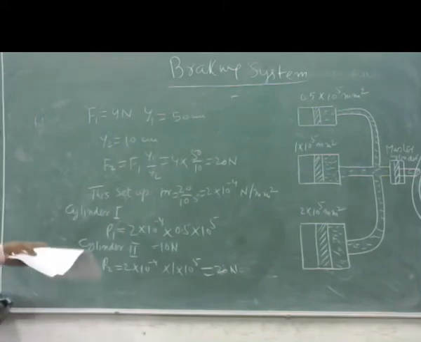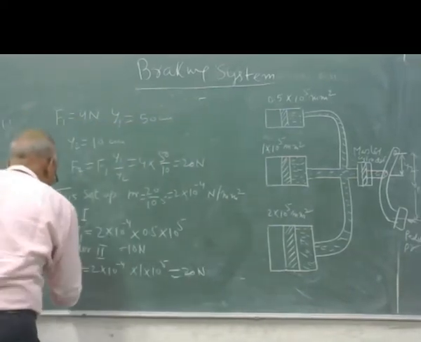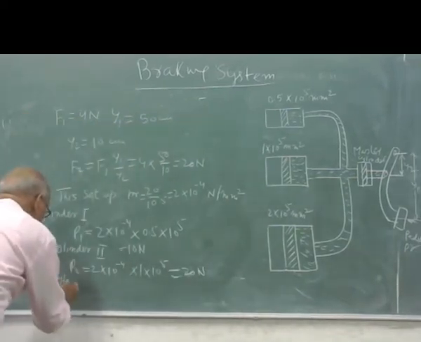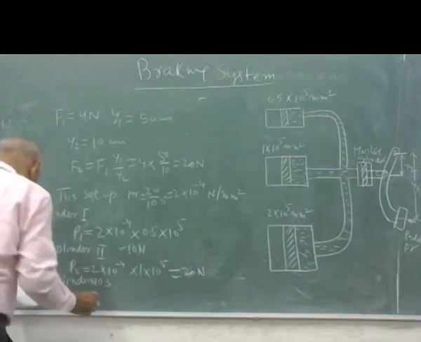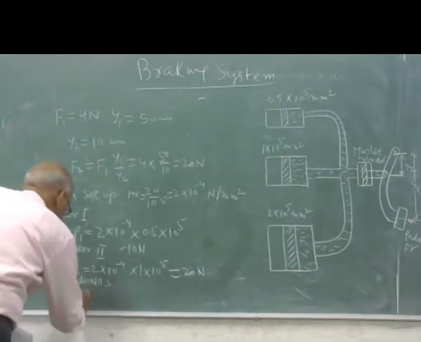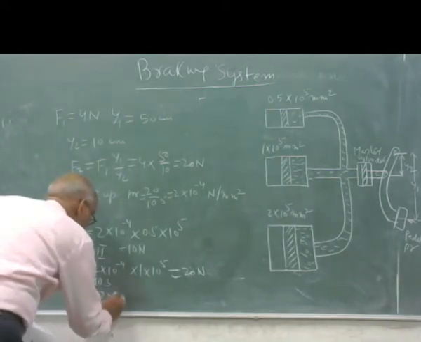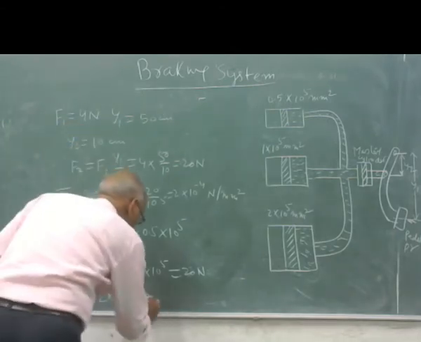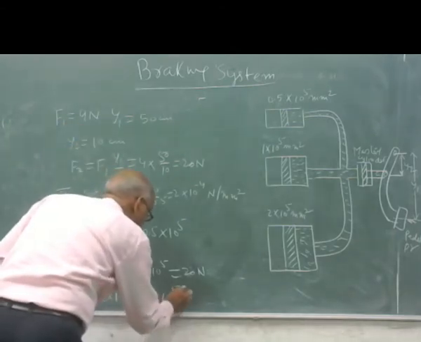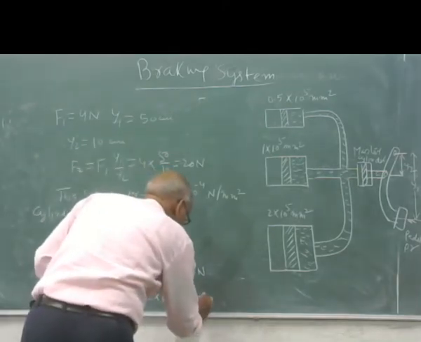Okay, first one was 10 Newton, second cylinder, that is 20 Newton. Then cylinder number 3, and in that case P3 is equal to 2 into 10 power minus 4 into 2 into 10 power 5, that will give you 40 Newton.